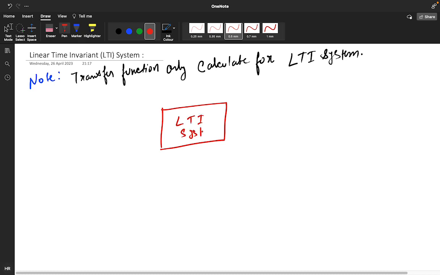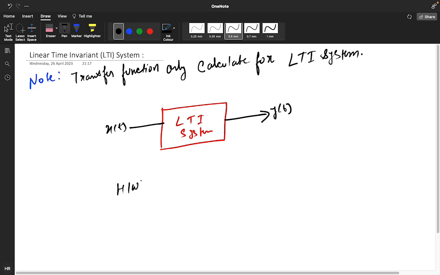If my signal x of t is coming, and you are getting the output y of t, then h of omega, or you can write h of s, is equal to what? Transfer function. Transfer function of the system.